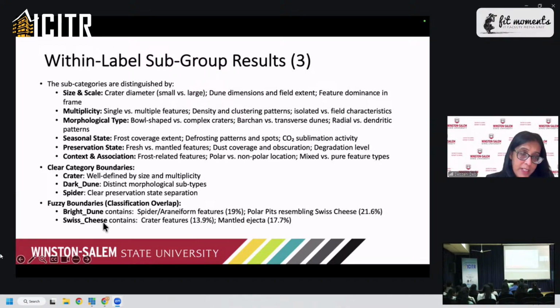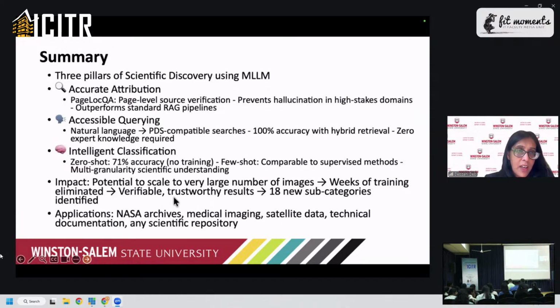So maybe scientists need to reclassify based on that additional knowledge and go back and reclassify all those images. This is a lot of scientific discovery based on very simple use of prompts and the zero-shot and few-shot classification algorithms that we just discussed. So in summary, today I discussed 3 research projects that my team and I are executing at our university.